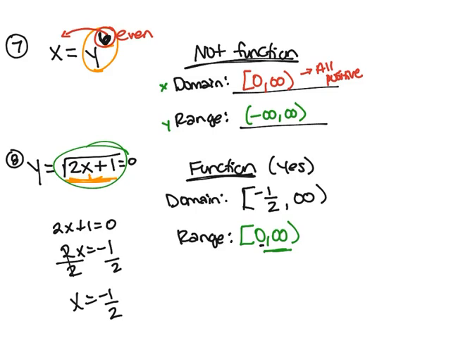That would be the same setup if I gave you the equation y equals the square root of x plus 3. I think we did one like this in class. The number has to be the opposite that's going to give you a 0, okay? So the domain would have to start at negative 3 and go to positive infinity. That's the same thing with this one.